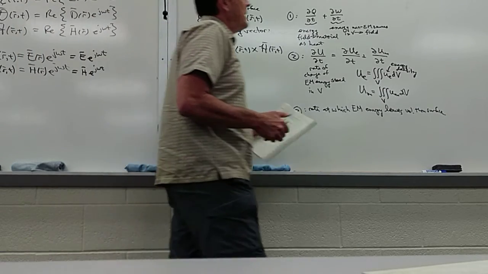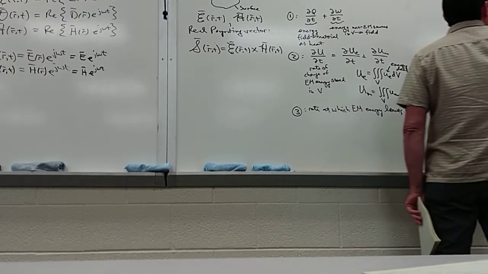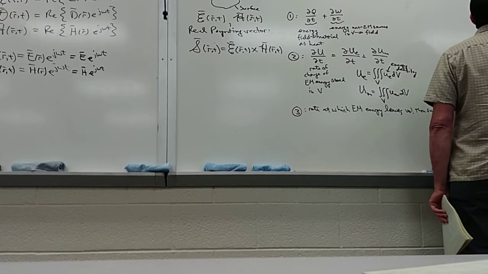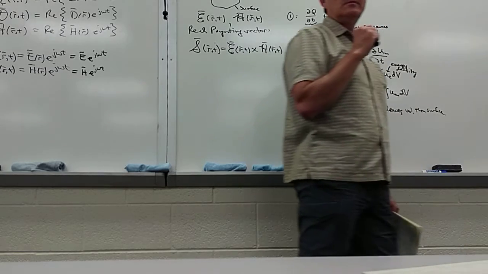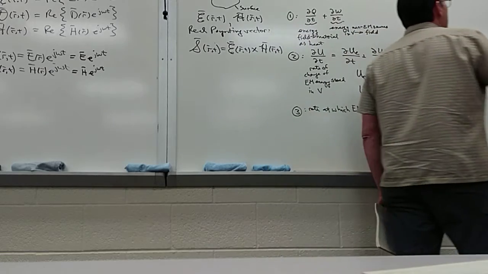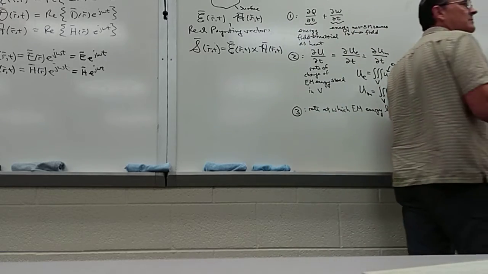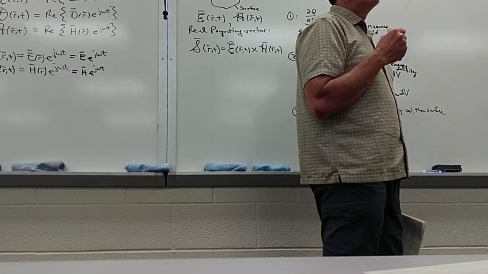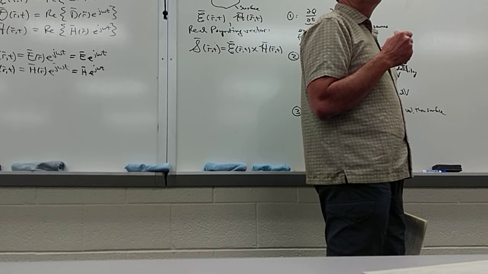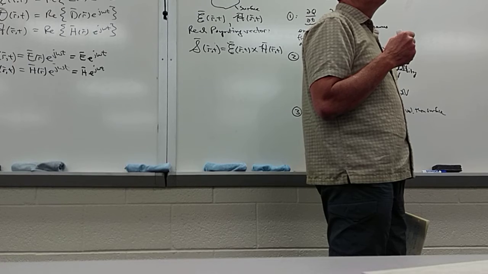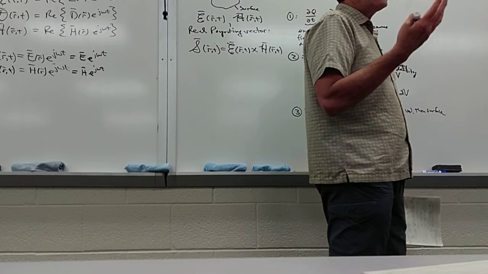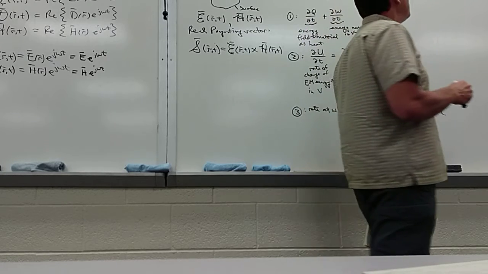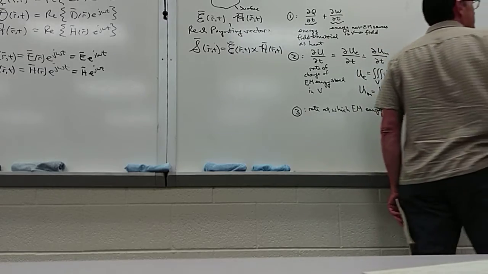So if we just pay attention to this term for a moment, the integral itself has units of what? Watts. What are the units of dS? Meter squared, centimeter squared. It's area. Okay, so what are the units of the Poynting vector?